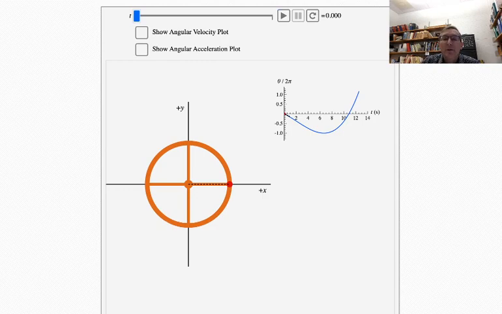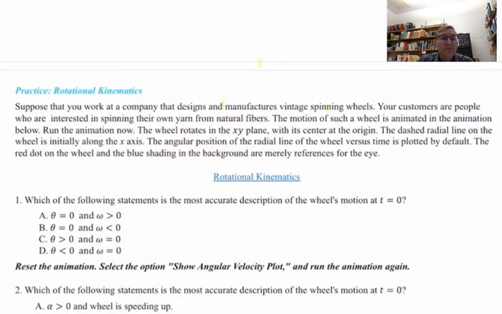Well, the animation told us it was going clockwise, right? So theta is 0, and the clockwise rotation means angular velocity omega is negative. That means, by the way, that the answer is B, of course. Okay? Theta is equal to 0, and the angular velocity is negative. At the instant t equals 0, that's what we're talking about.